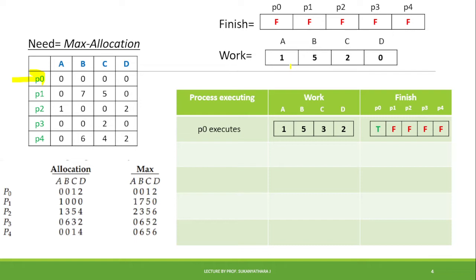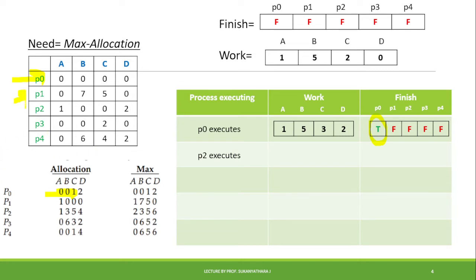P0 was holding these resource types 0, 0, 1, 2. That will add to the list of free resources in the system. And we will also write P0 has completed execution. Now we will move to the next process P1. Can it execute?